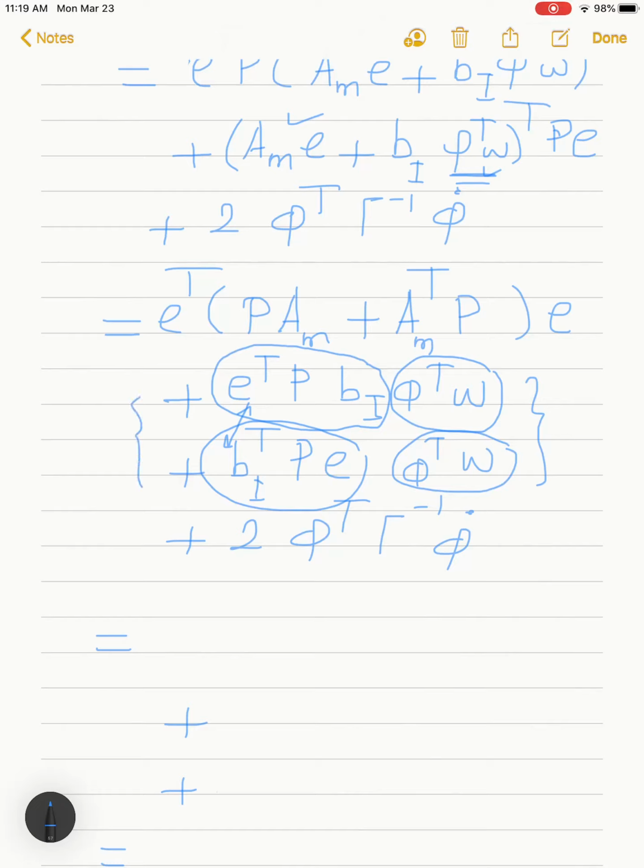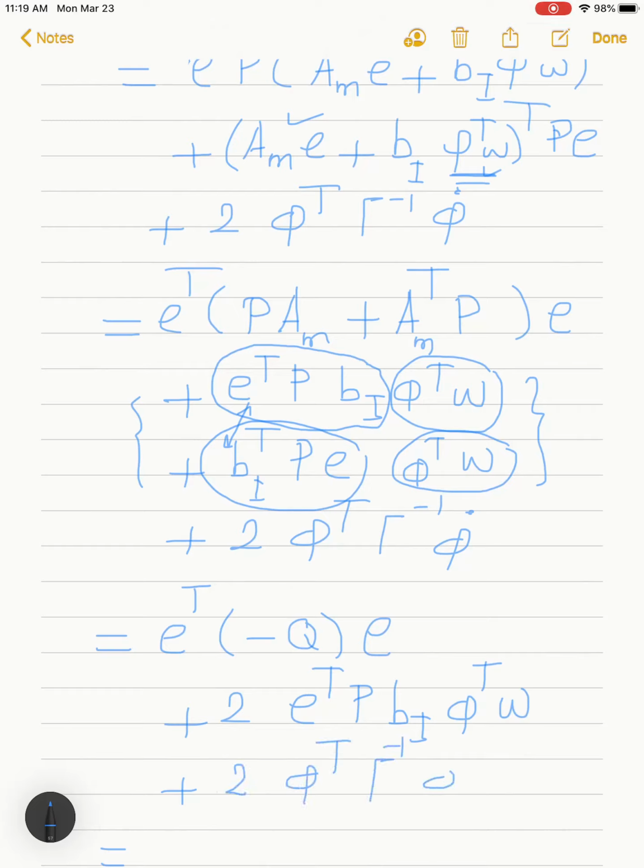So I'm going to write then the error, the V dot equation as E transpose times minus Q times E plus twice E transpose P Bi phi transpose omega plus 2 phi transpose gamma to the minus 1 phi dot.